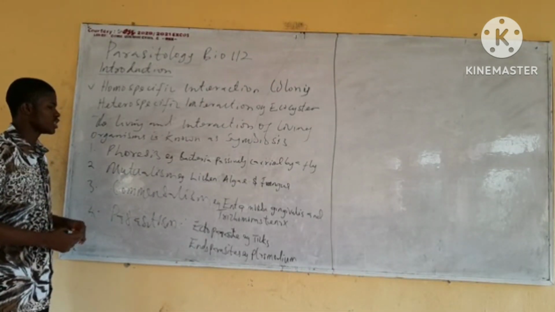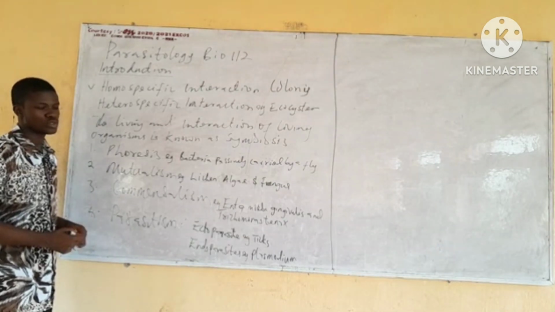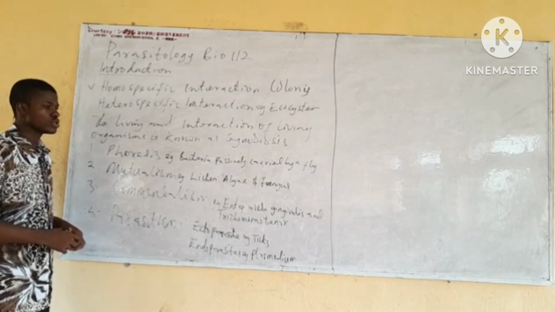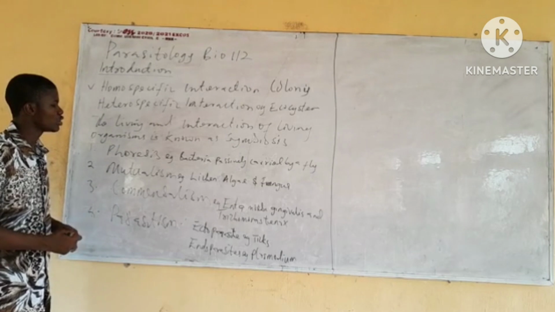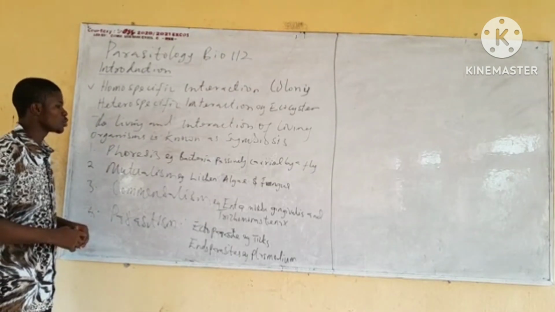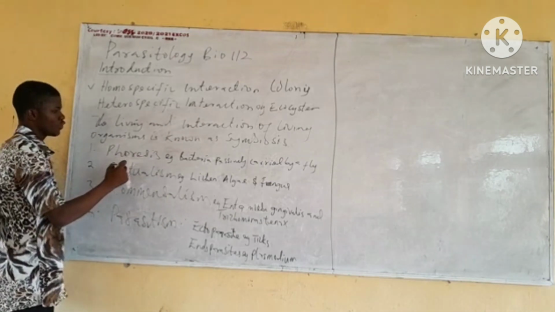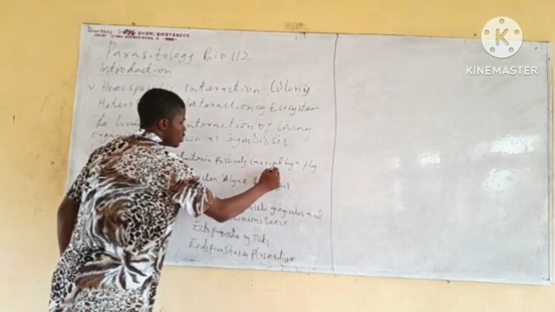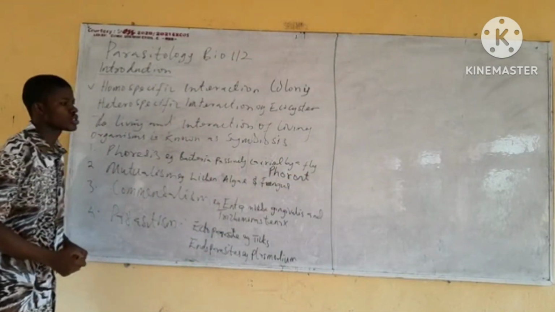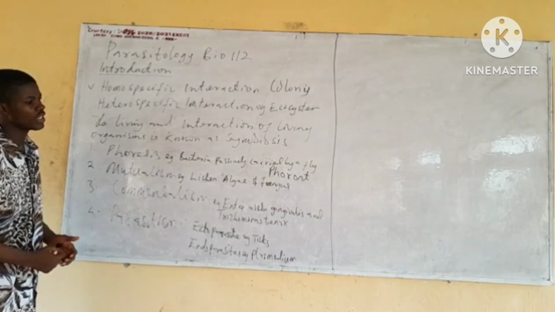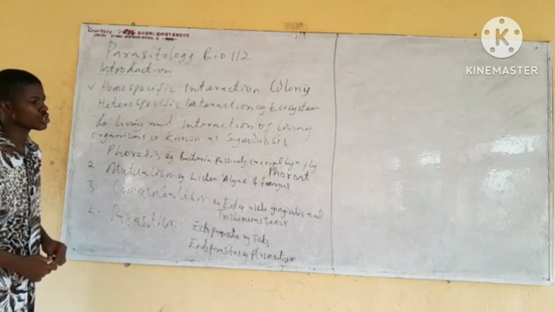Phoresis is an interaction between two organisms known as the symbionts. In this interaction, the smaller organism, known as the phoront, is mechanically carried by the larger organism, the host.